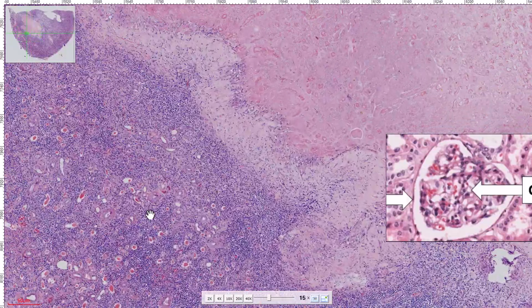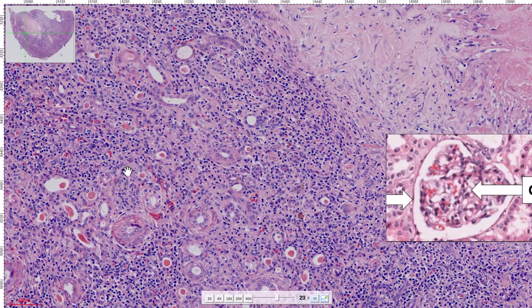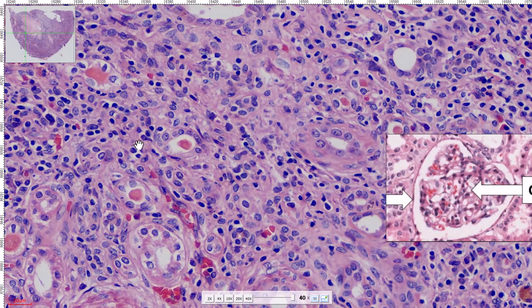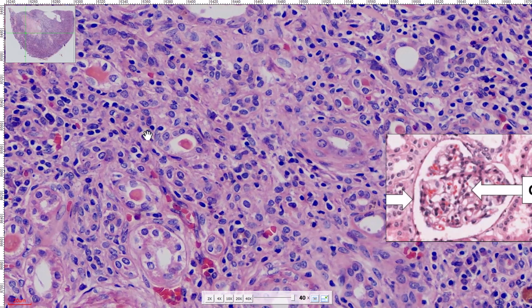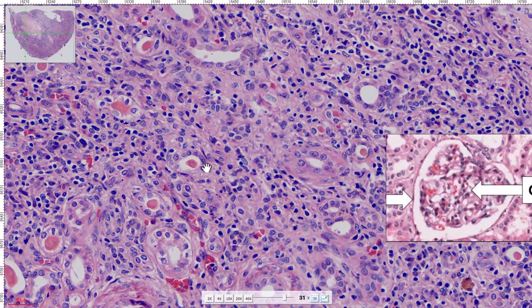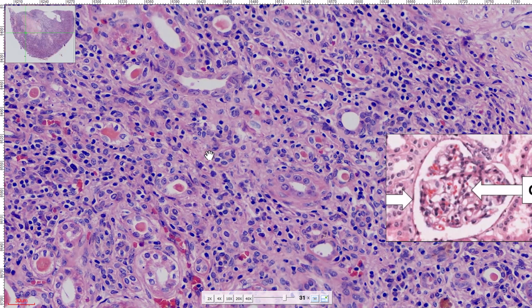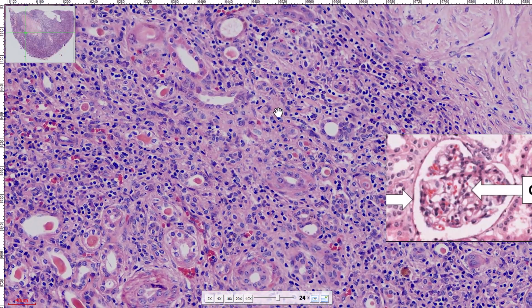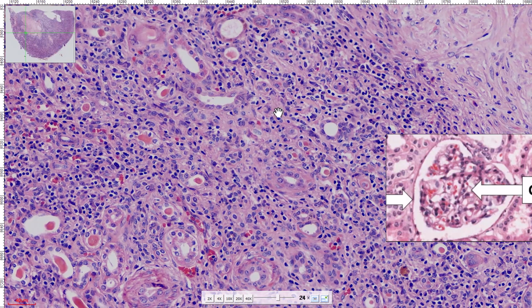If I magnify here, can you see and appreciate these blue cells? These are also nuclei, but these are not nuclei of normal kidney tissue. These are actually lymphocyte infiltration. Lymphocytes are our inflammatory white blood cells that infiltrate the tissue during inflammation.